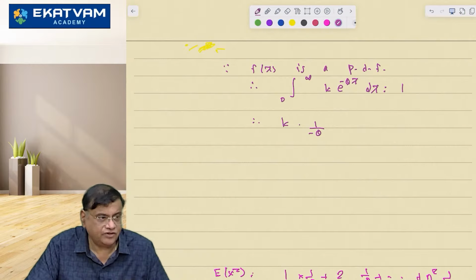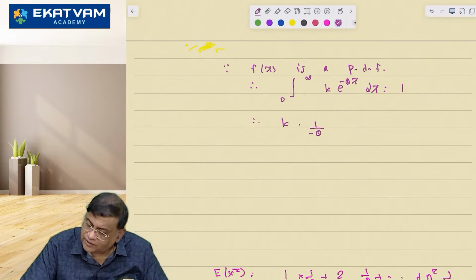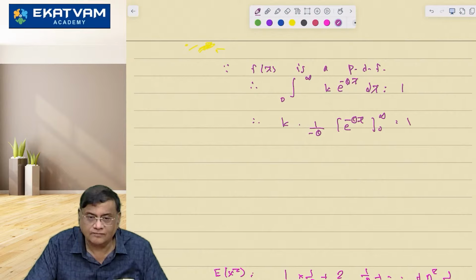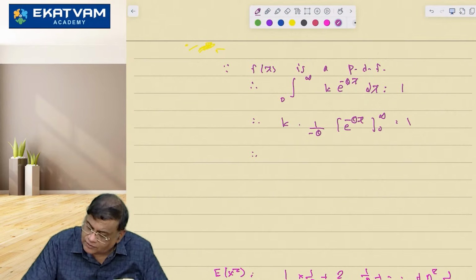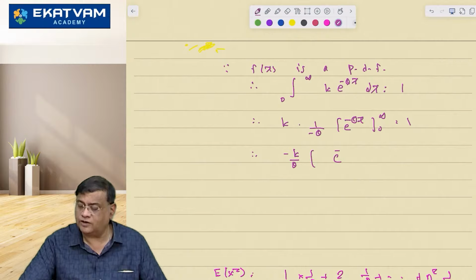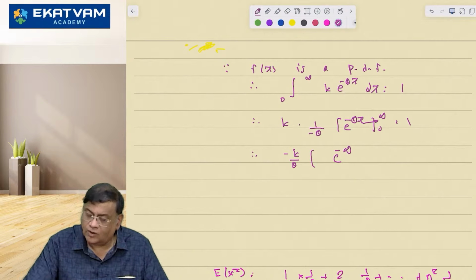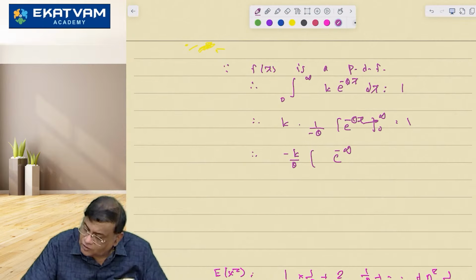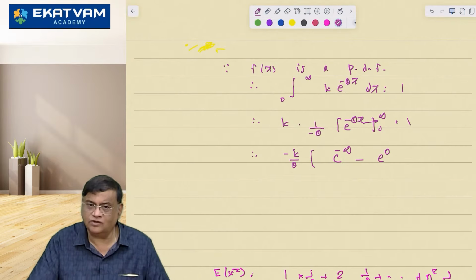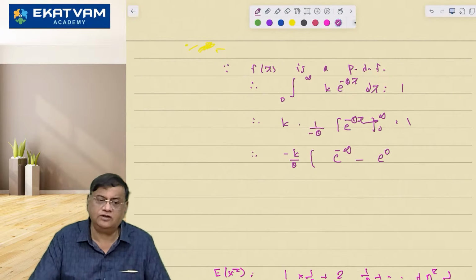We divide by the coefficient of x, then the integration of e raised to x is e raised to x, and that going from 0 to infinity should be equal to 1, and therefore it is minus k by theta. Now, putting infinity in e raised to x gives infinity, and putting 0 gives e raised to 0. Theta into 0 is 0 and theta into infinity is infinity.